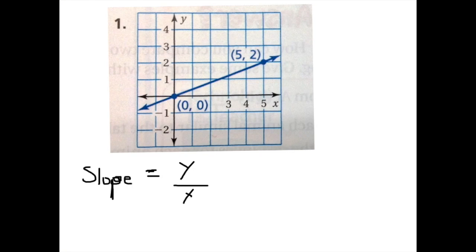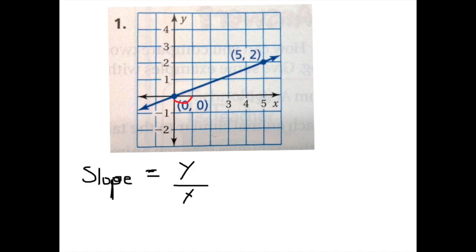Here's your first problem from On Your Own, and we need to find out what is the slope of this line. How steep is this line? We need to take note of our coordinates here, 0, 0, and 5, 2, and then decide how we can figure this out. Remember, the change in y over the change in x will give us our slope. So let's go ahead and find our change in x. We can go on the x, which is the horizontal axis here, and count how many jumps from the dot at 0, 0 all the way to the plotted point 5, 2.